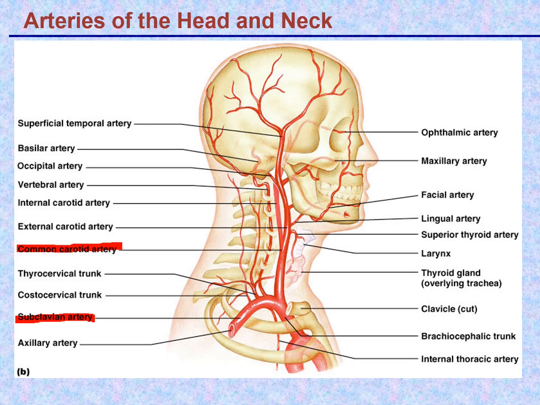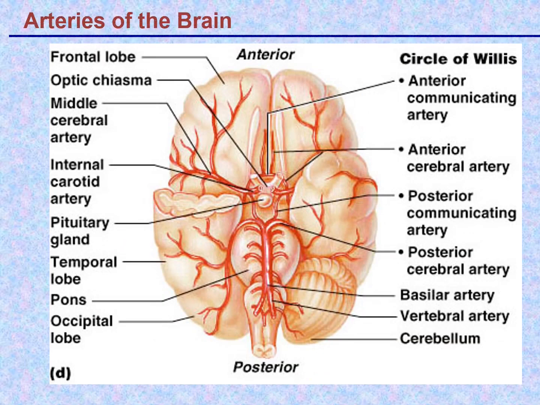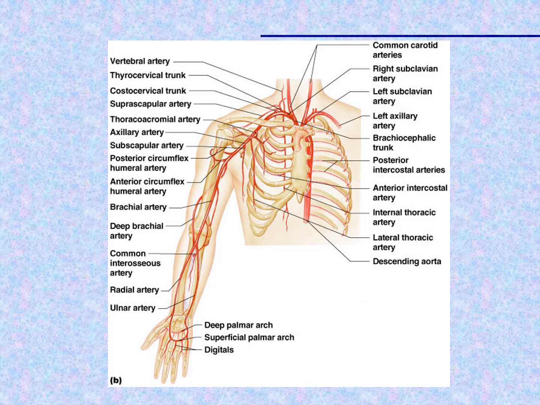This is the right side of the face. So that's the right common carotid artery and right subclavian artery, which branch off of the brachiocephalic trunk. It's not very well drawn because you can't see the other ones going off. Okay. I'm not going to get into any of these, but you have the diagram. If you ever need it or want it, you have it.